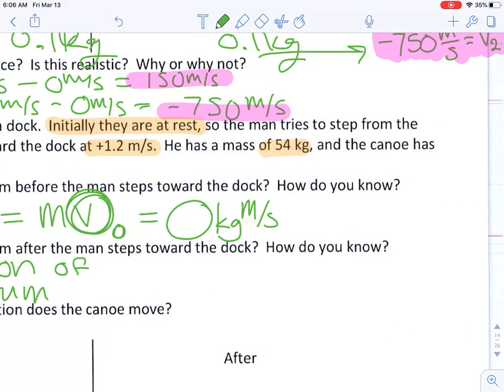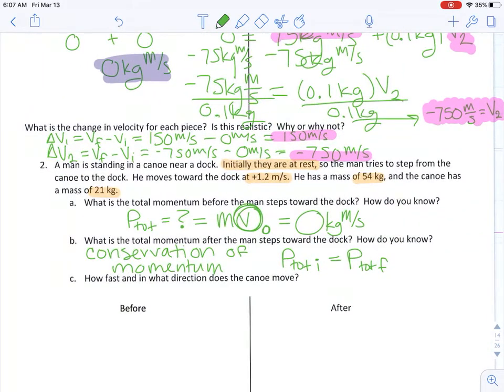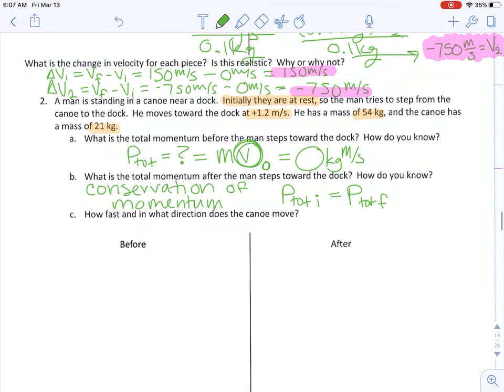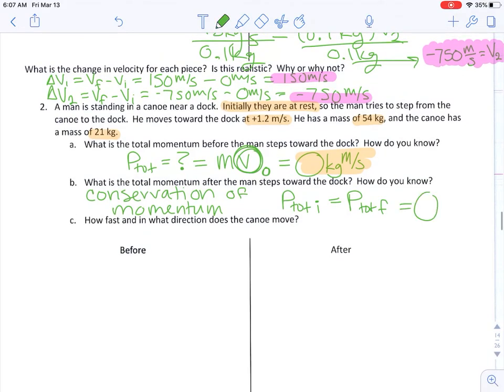Conservation of momentum tells us that the momentum before the collision equals the momentum after the collision. And that's just how it works. And so that means that if before the collision our momentum was 0, then after the collision our momentum is also 0.